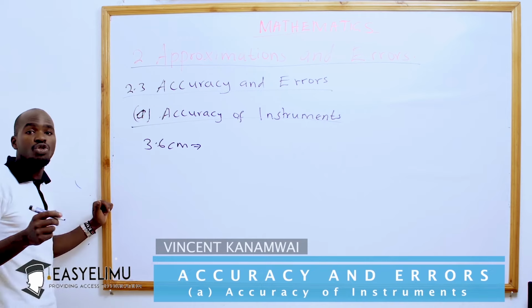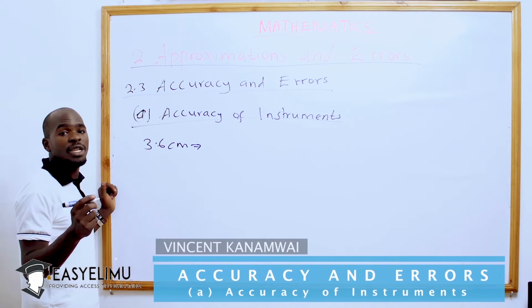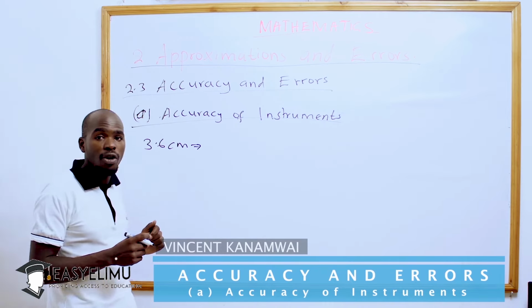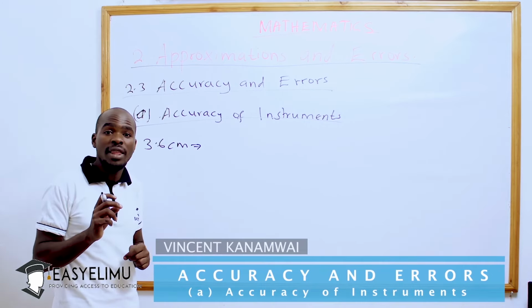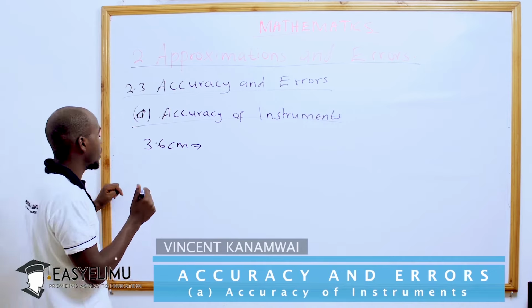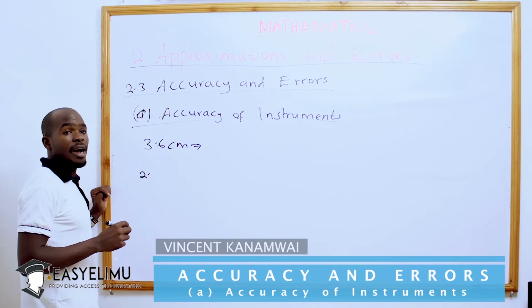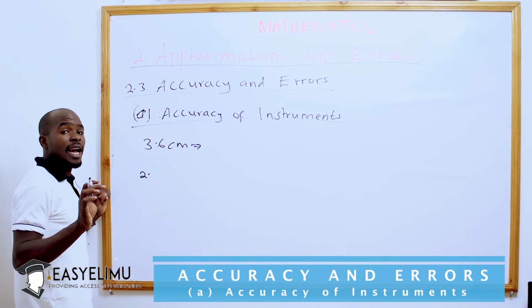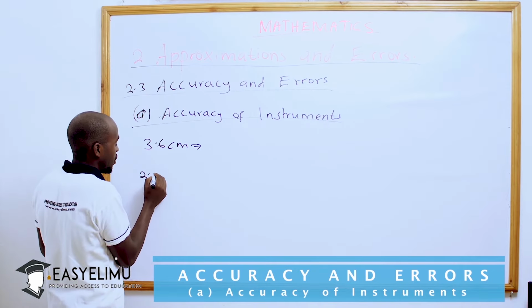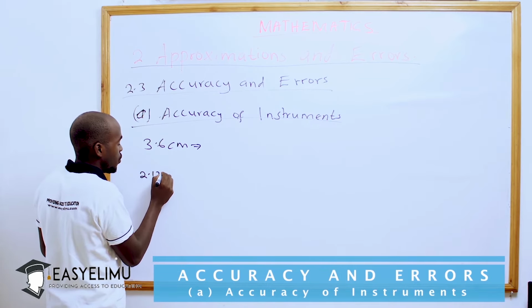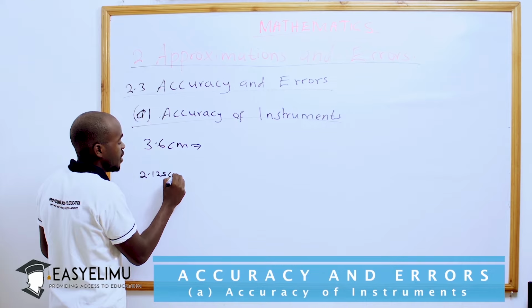And if we use another kind of measurement like a vernier caliper or a micrometer screw gauge, you will find those give measurements in thousandths. For example, you may have an object measured as 2.125 centimeters.